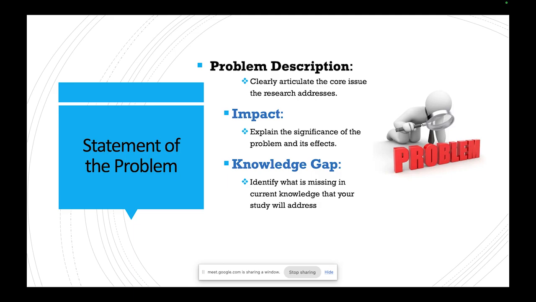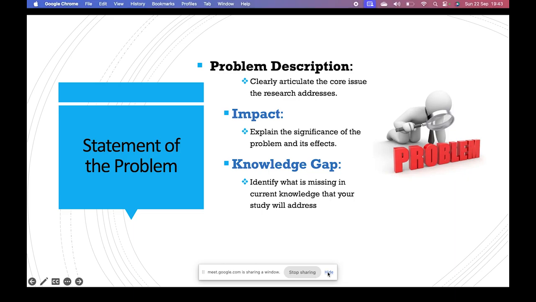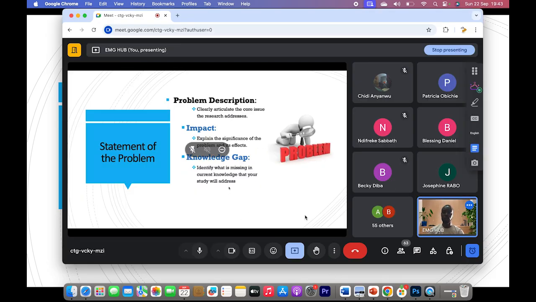So because you've not been able to see, you are able to say that this is part of the gaps you are going to fill, and that is why it is important that you review journals enough before you begin your project, so that it helps you to have a lot of valid points to substantiate your write-ups with. So I think that is it around problem statement.